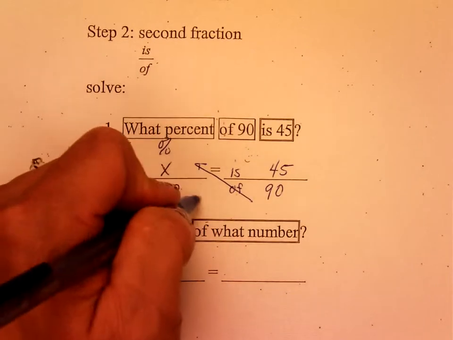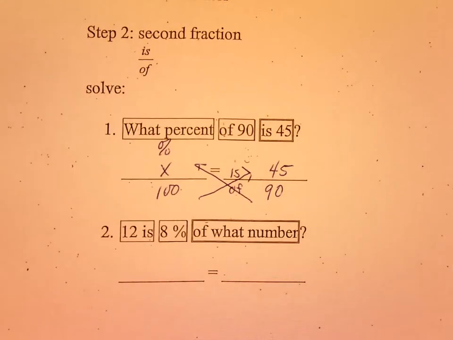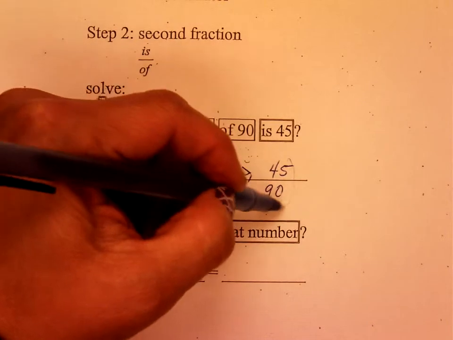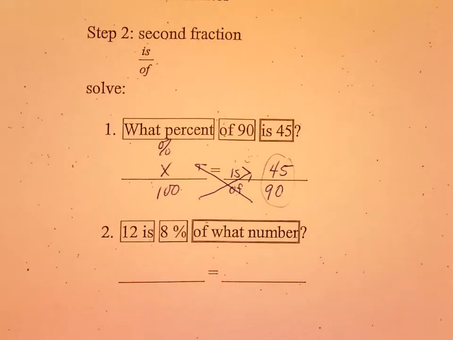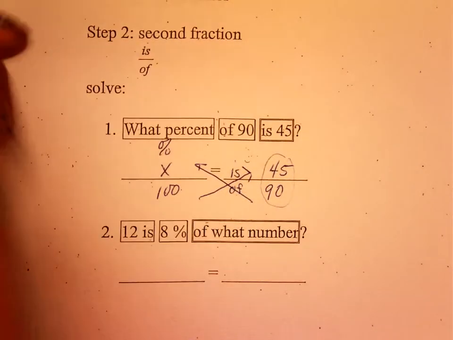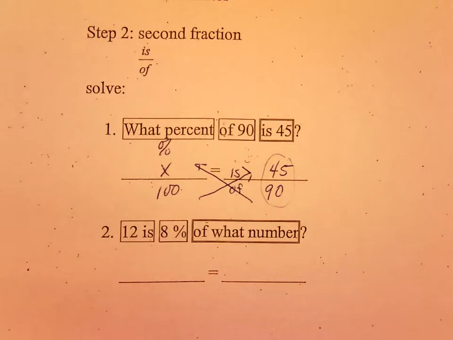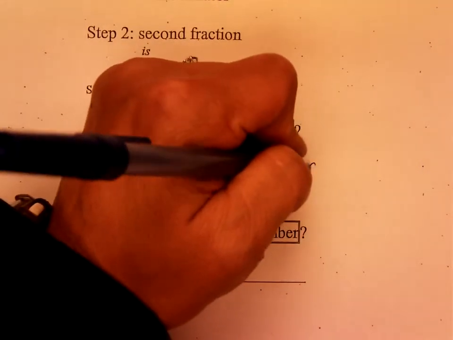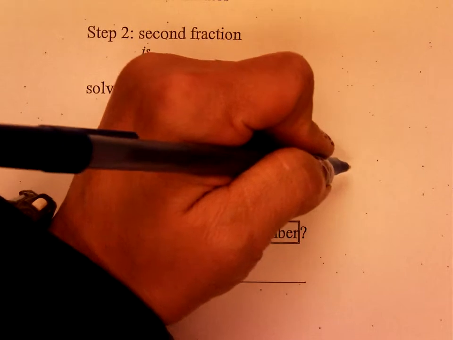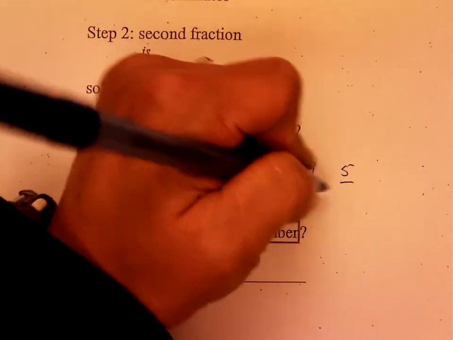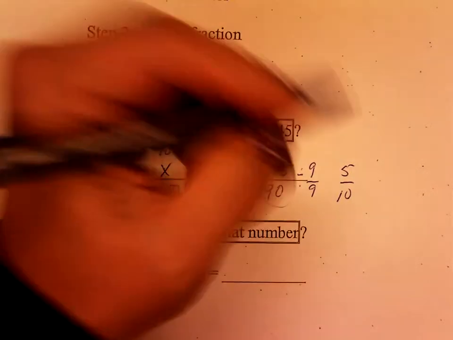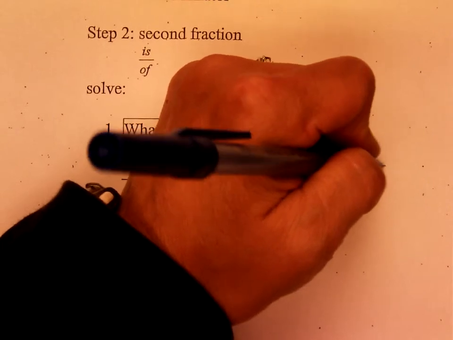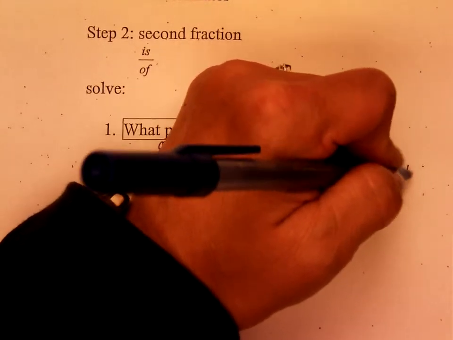Cross multiply, or what I would do is I would reduce this. I'm going to divide top and bottom by, let's try 9 first. Divide top and bottom by 9 and you get 5 over 10. Divide this again by 5 and I get 1/2.